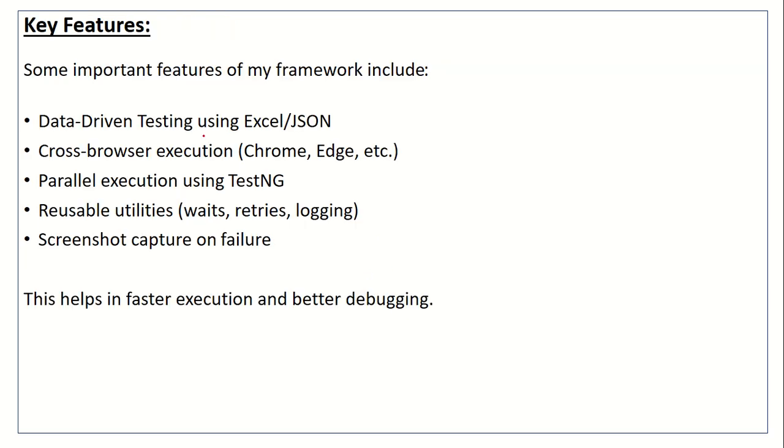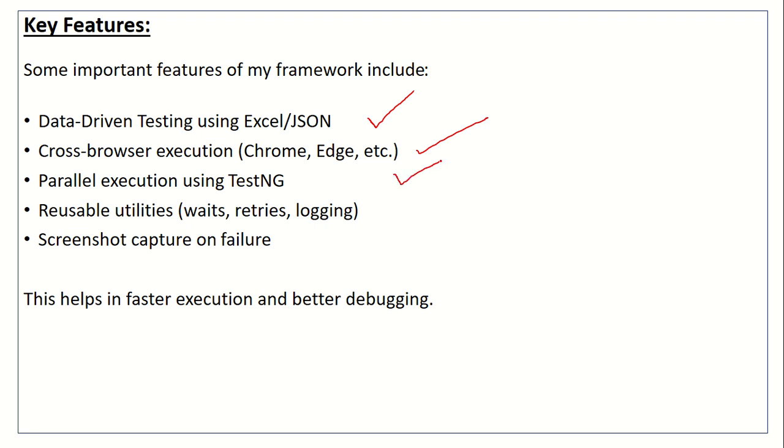Let's get started with the next part, where you specify to the interviewer some of the important features of the framework that you are working on. You can tell them that data driven testing is carried out using Excel or JSON, and you perform cross-browser execution using Chrome, Edge, Safari, Firefox or whatever it may be.